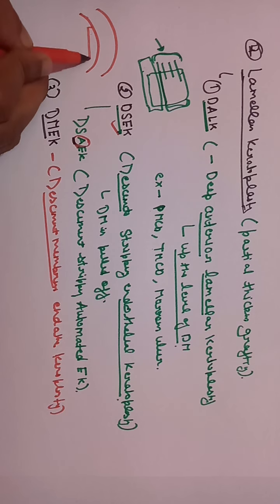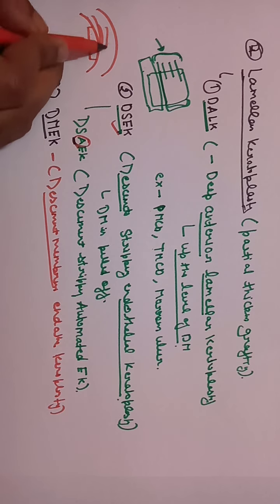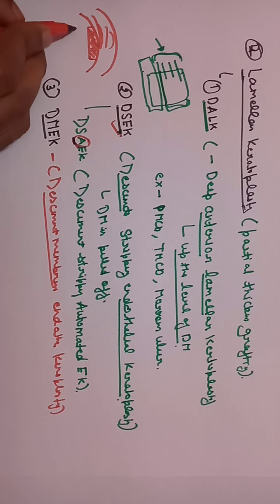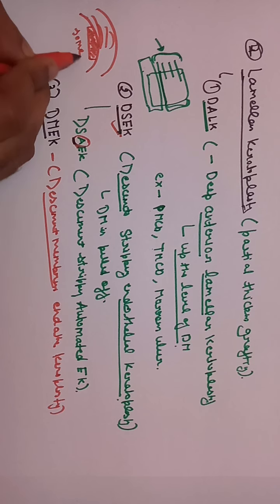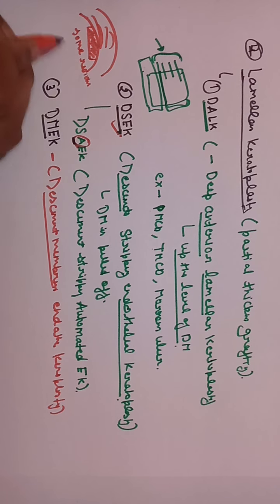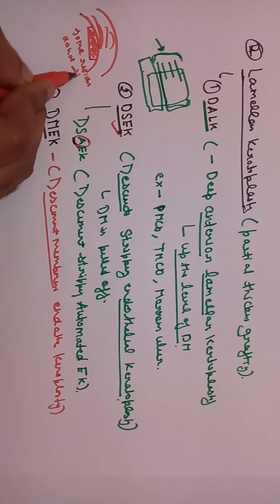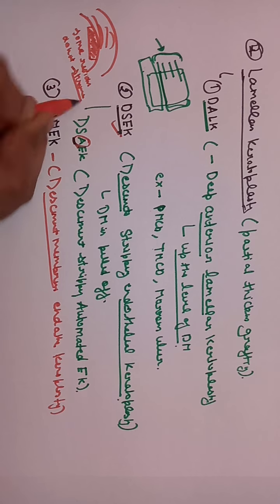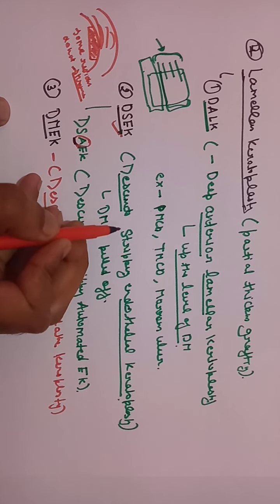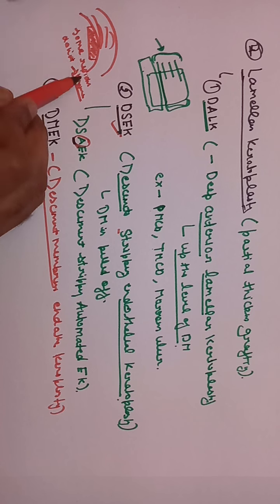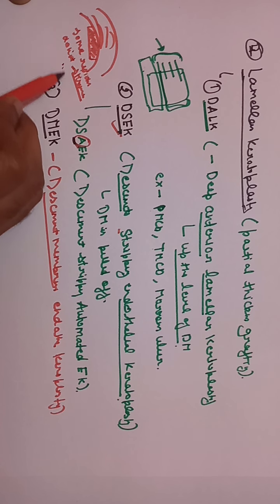In DSEK, we replace some residual donor stroma. As per stripping, S is stroma, we replace some residual donor stroma.